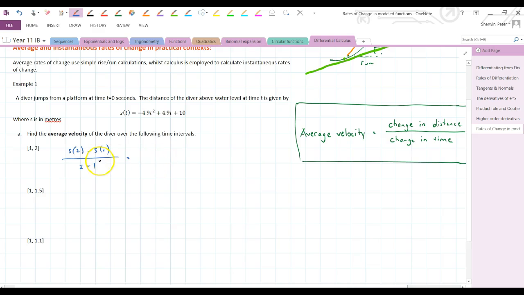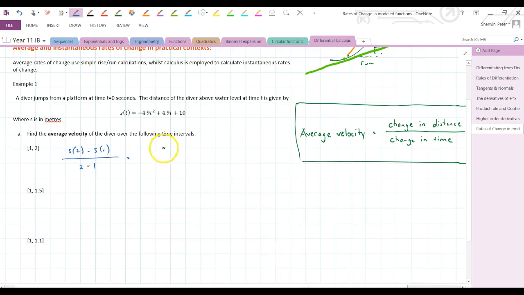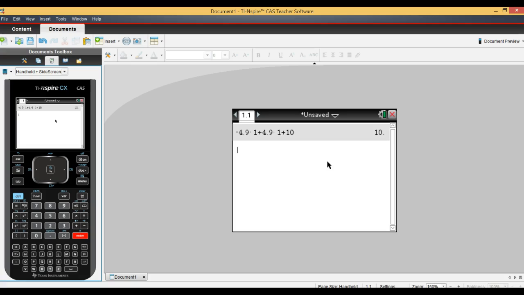So let's work this out. I think I've already worked out S1. There's S1 there, that's 10. So that's minus 10 over 2 minus 1, which is 1. I just need to work out S2. So going into the calculator, I'm going to select that and hit enter. Then all I've got to do is go back through, because this is minus 4.9 t squared.